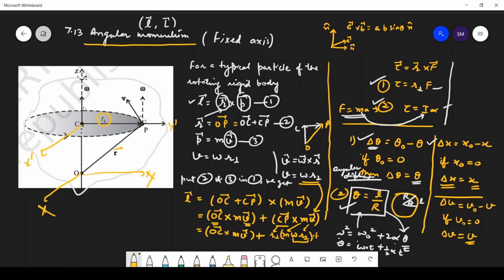But the z-axis is perpendicular to this plane. So what is the direction of the z-axis? It is this unit vector, k cap. So we write the direction with k cap. So this cross product is along the z-axis with this much magnitude. Okay.